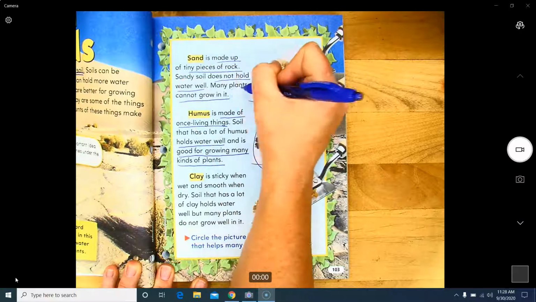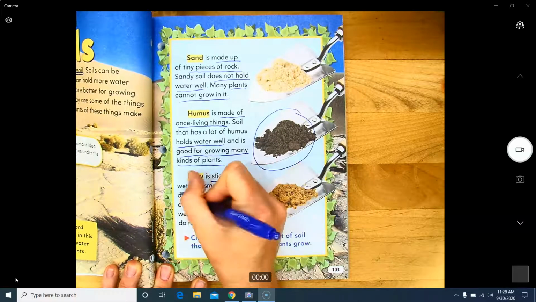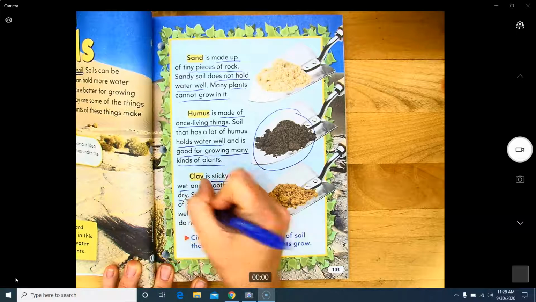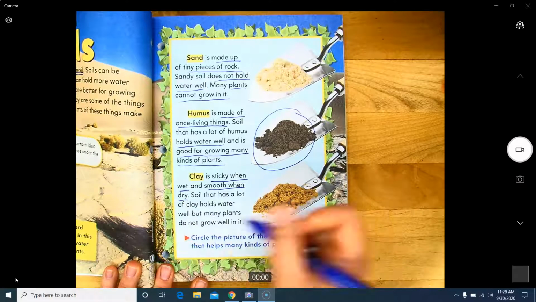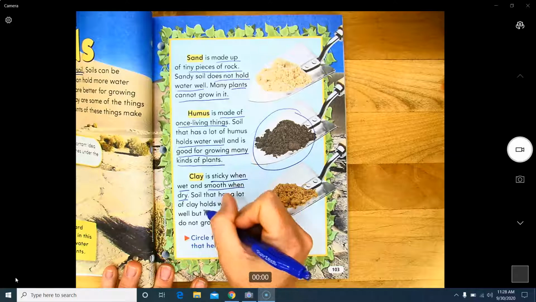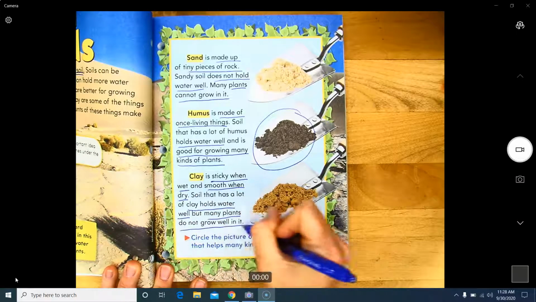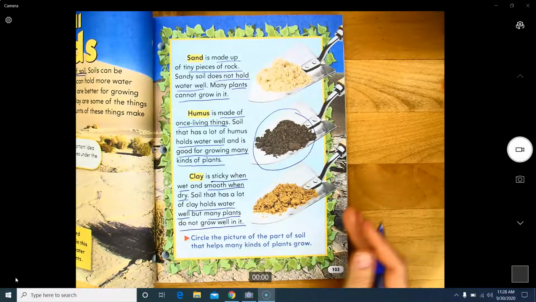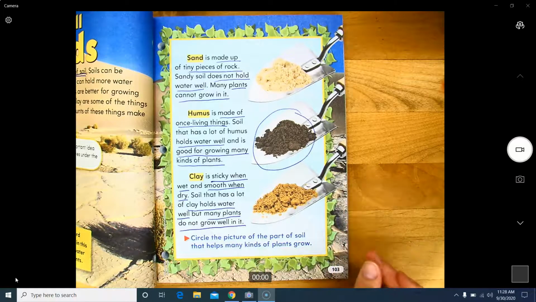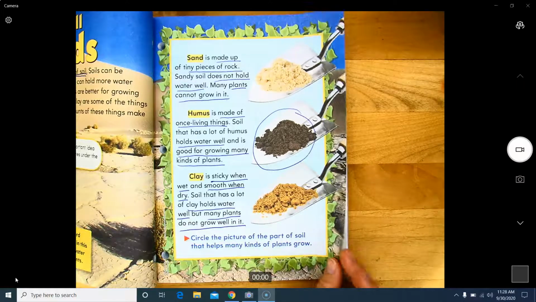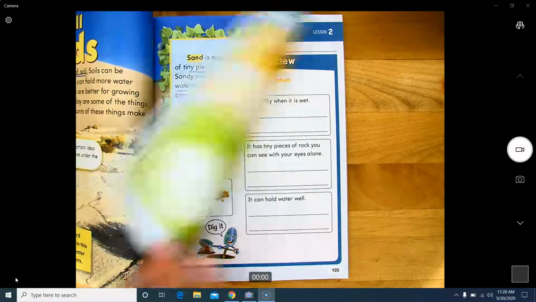Many plants cannot grow in it. Clay is sticky when wet and smooth when dry. You see this a lot at the baseball fields. Okay. Clay holds water well, but many plants do not grow well in it. Very important. I just underlined some key words and some key details about each soil because that might come up later for answers in our brain check.